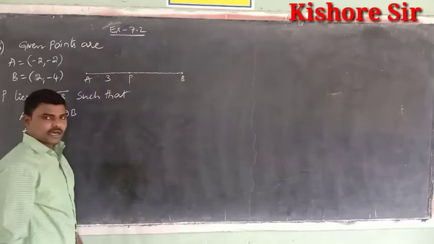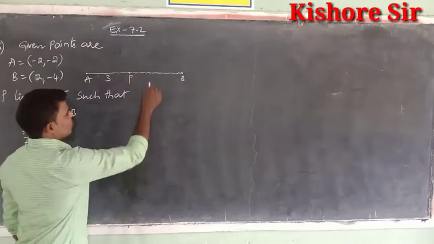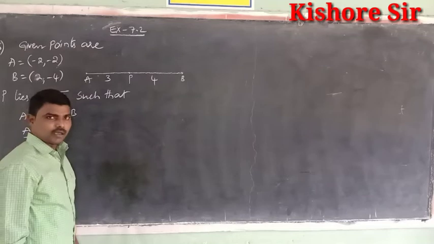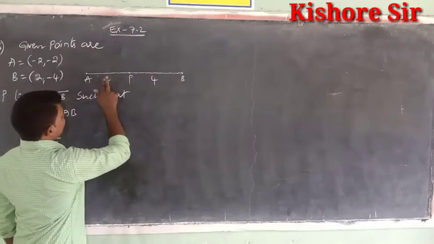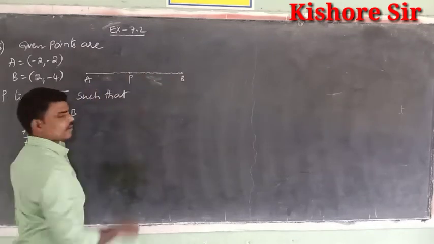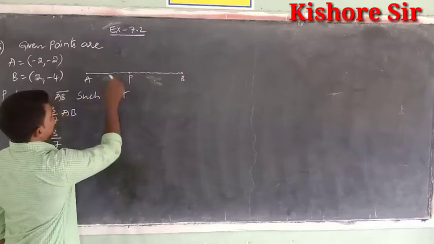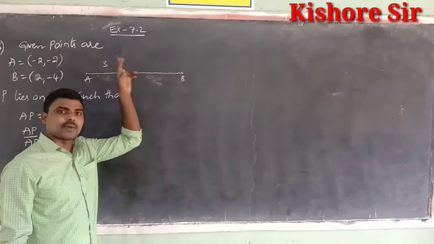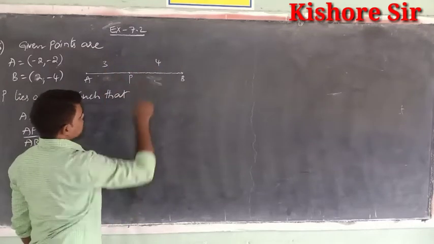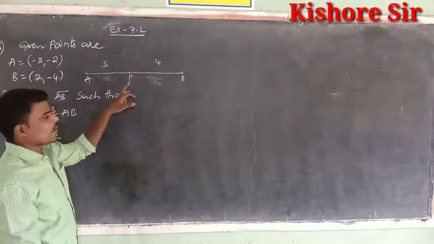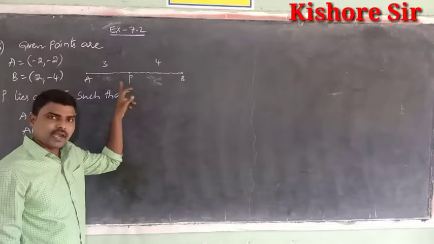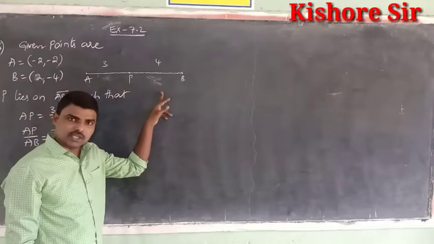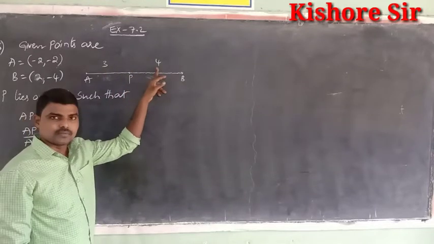What are the remaining parts? 7 minus 3, 4 parts. Once again, total AB is 7 parts, AP is 3 parts and the remaining part is 4 parts. So the point P divides line segment AB in the ratio 3:4.